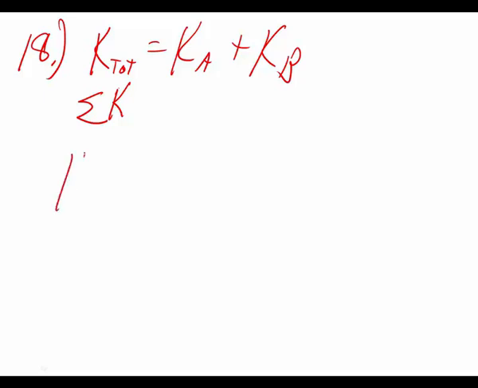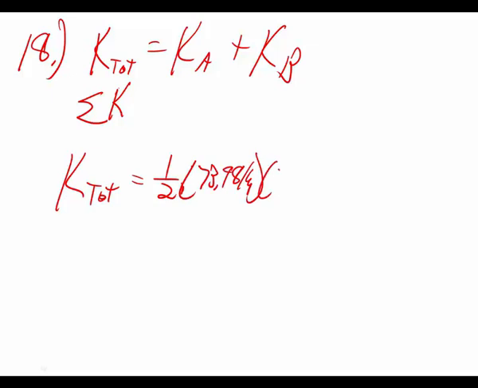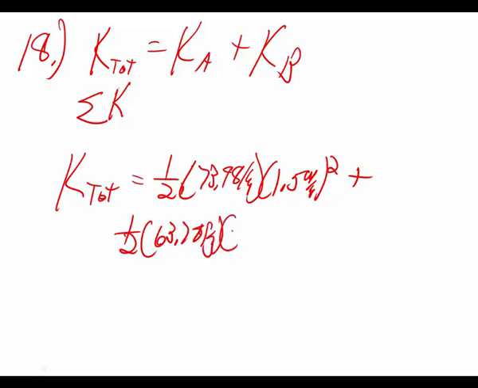All right, so let's do that. K total is equal to 1/2 times 73.98 kilograms times 1.5 meters per second squared. Plus, I'm going to drop down here, 1/2 times 63.78 kilograms, times, we just found it, negative 1.74.